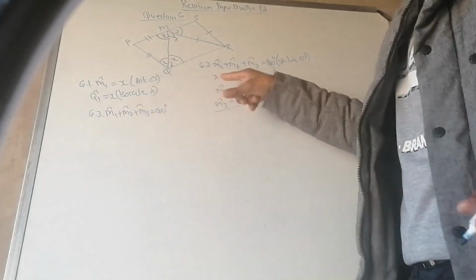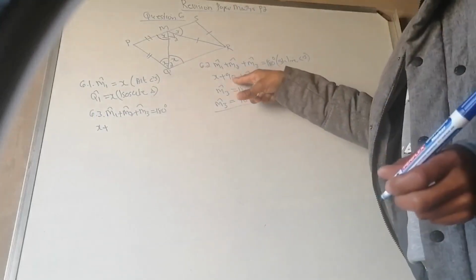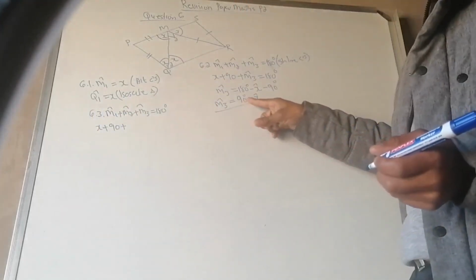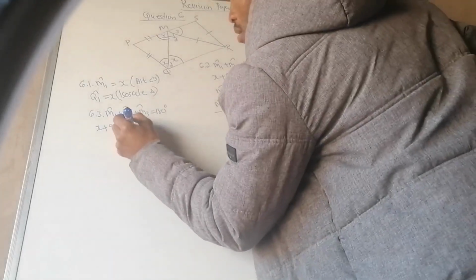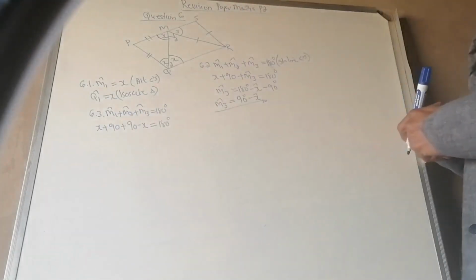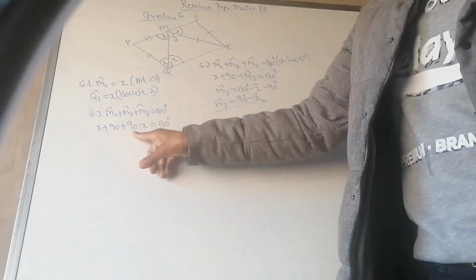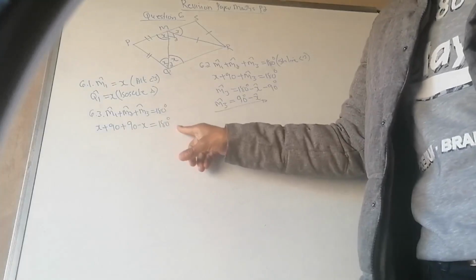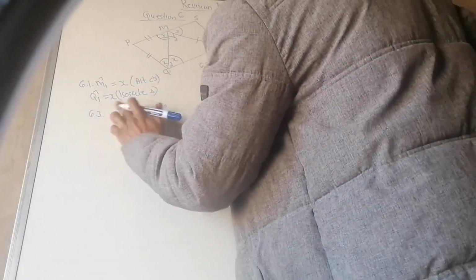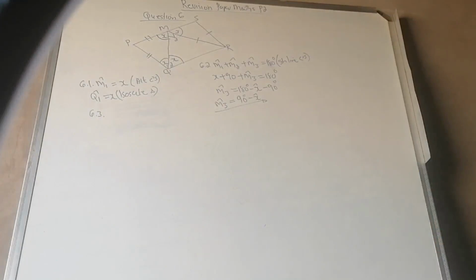My M1 here is X, my M2 here is 90, my M3 here is 90 minus X, equals 180. I see there is a problem. 90 plus 90 is 180, and 180 minus 180 is 0. So there is a problem. This is not the correct approach. So how are we going to find the numerical value of X?